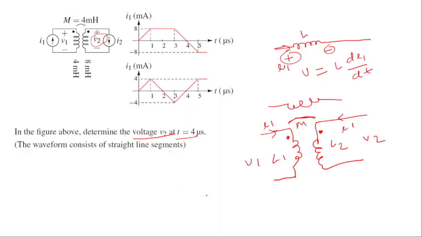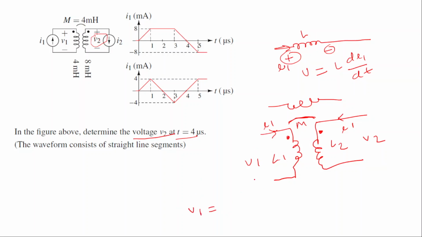Depending on the dot convention and the polarity of current entering the coil, we can write the voltage across the first coil.